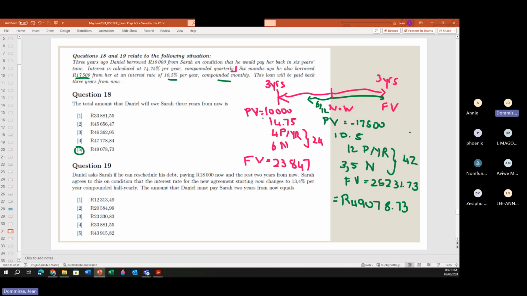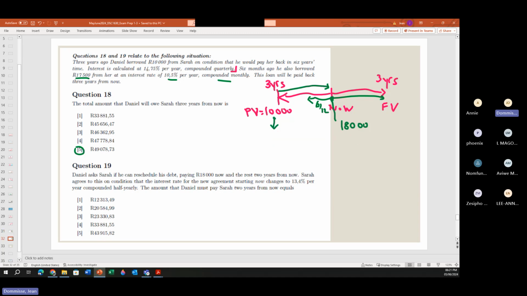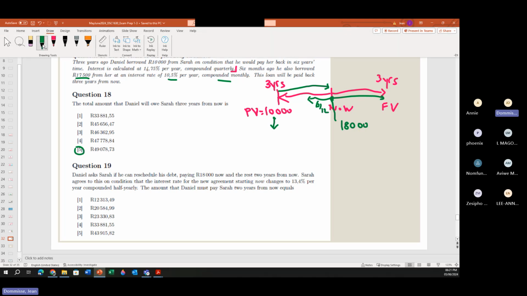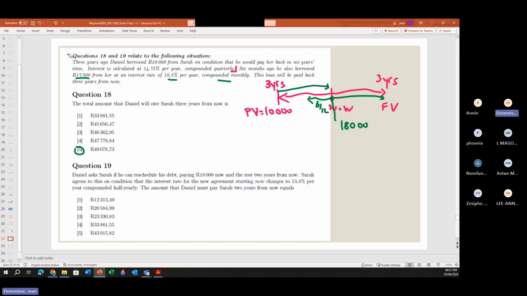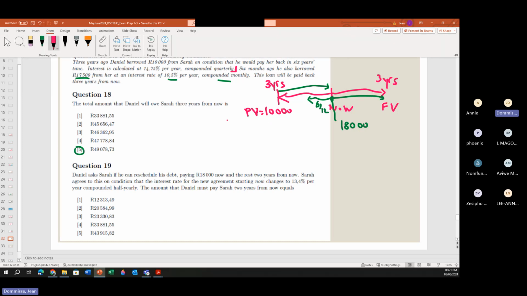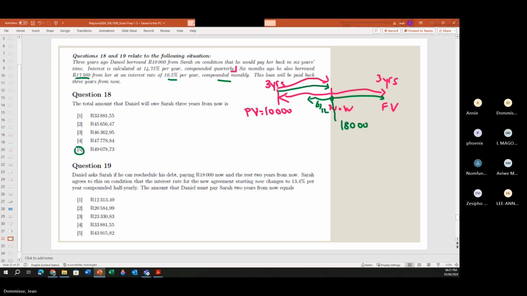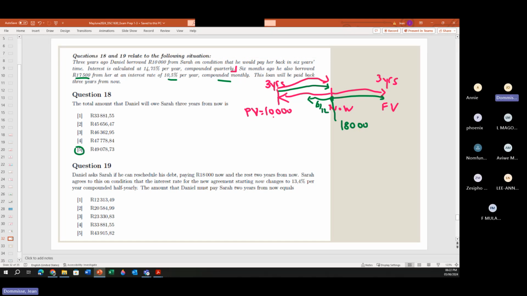So I actually want to find out how much that 10,000 is at the point of now. So let's first work out what that 10,000 is now.